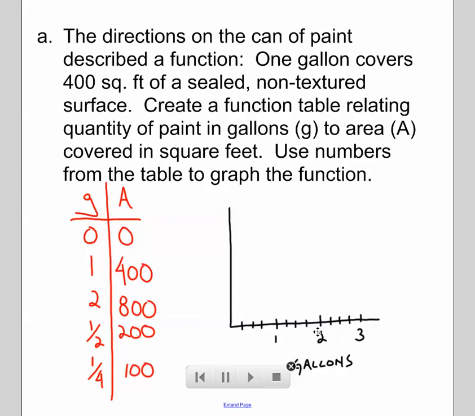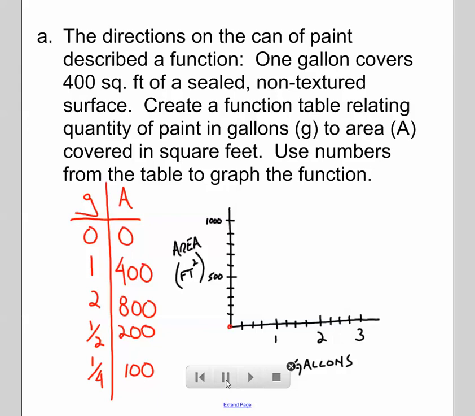Since I got some fractions here, I'm going to show everything. All right. Along the left-hand side, this is going to be area in square feet. I'm going to go by hundreds. 2, 3, 4, 5. That would be 1,000. So that is area in square feet.